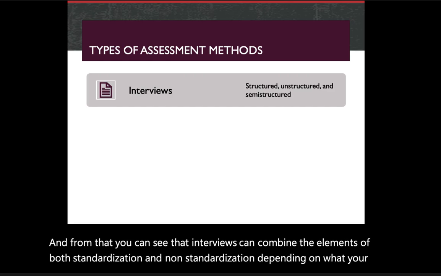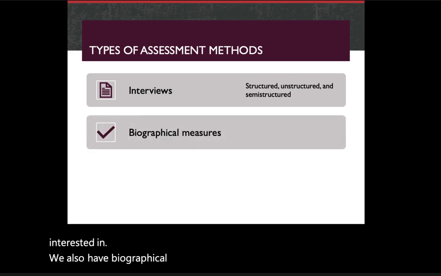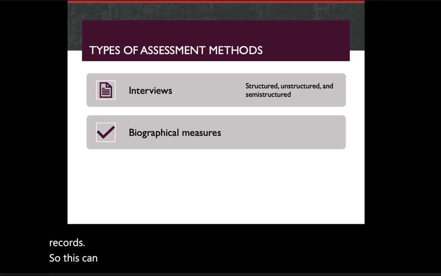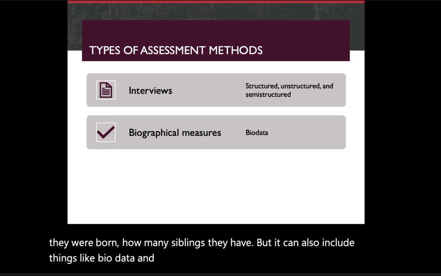We also have biographical measures, which refer to accomplishments and experiences that are reported by the client or reflected in their historical records. This can include things like their age, where they were born, how many siblings they have, but it can also include things like biodata and previous experiences.